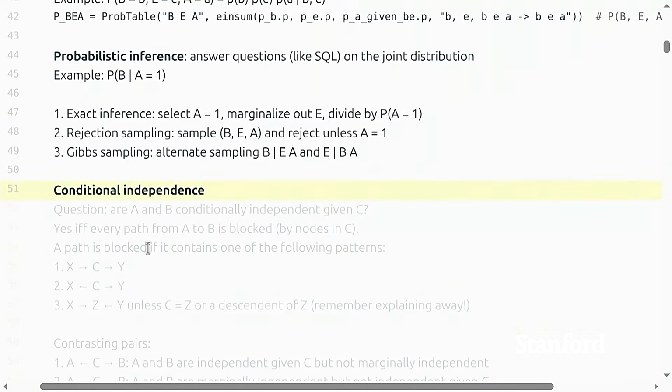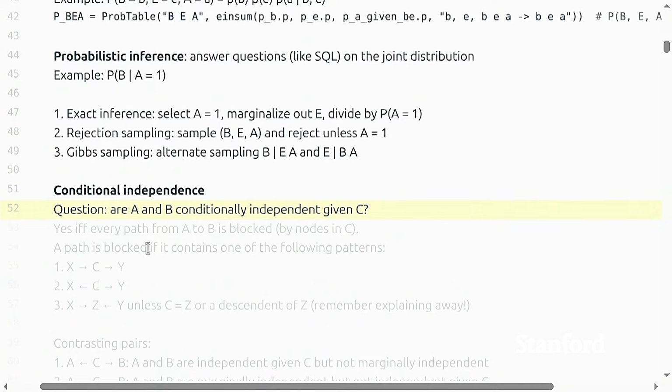Okay, so then we talked about conditional independence, which is more about understanding the properties of this joint distribution. So the question is, are two variables A and B conditionally independent given another variable C?